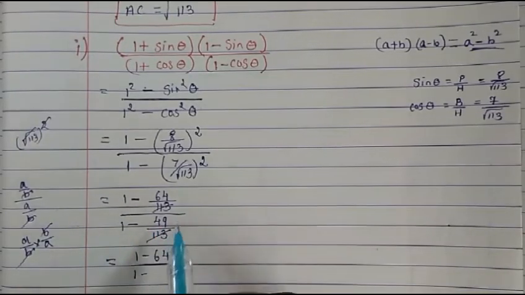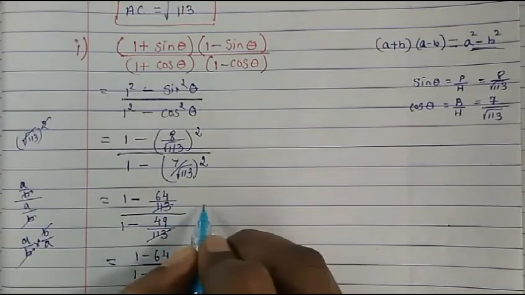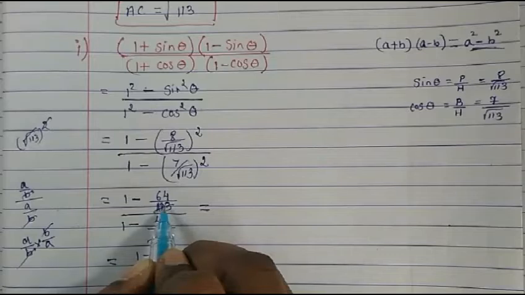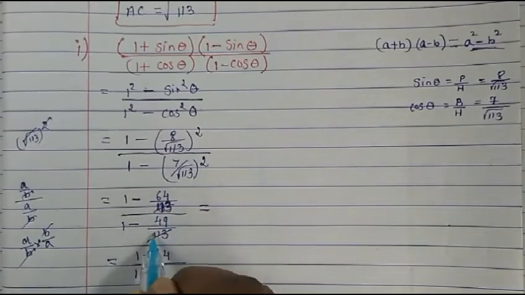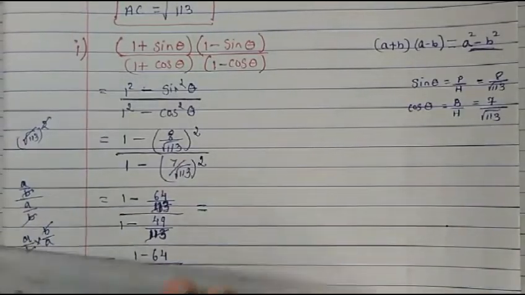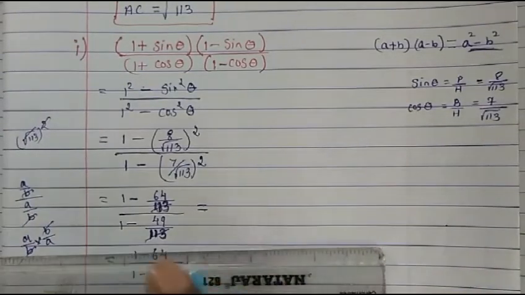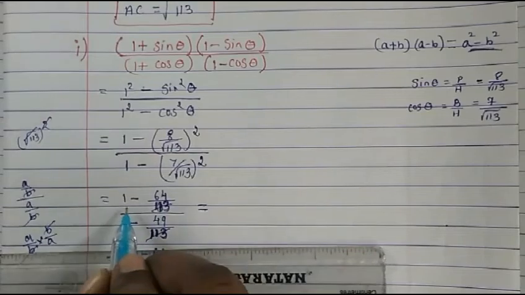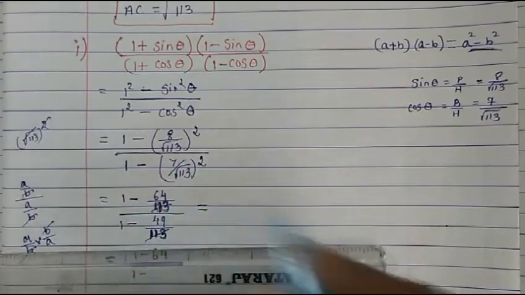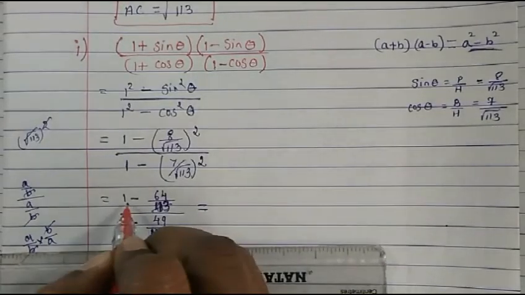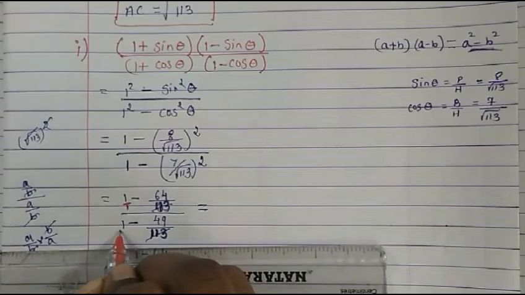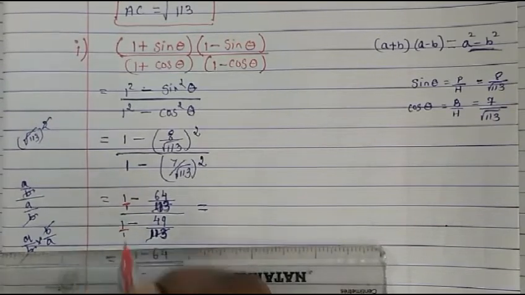Before that, sorry, one more step we have to do here before cancelling. Forget about this step. Here we have to take the LCM, because we have something in the denominator here, but here we don't have anything. So let's consider there is 1 here. Same way here also, nothing is in the denominator, so we consider there is 1.